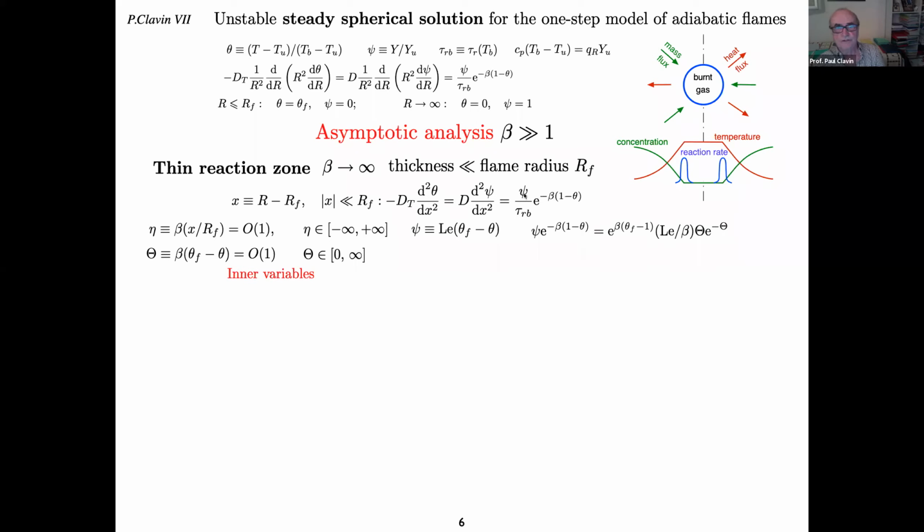The Lewis number is coming from the fact that psi is related to the difference of the temperature through the Lewis number. You have the Lewis number, and here is a factor which is in front of this reaction rate because of this definition here.